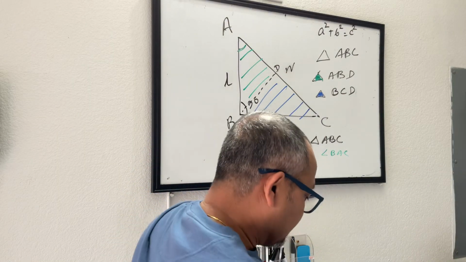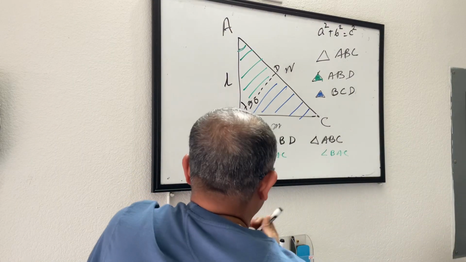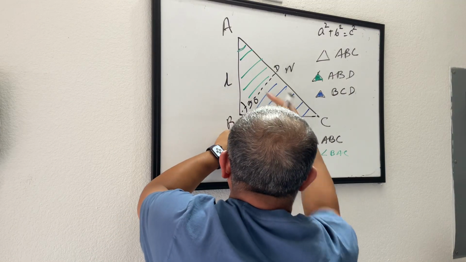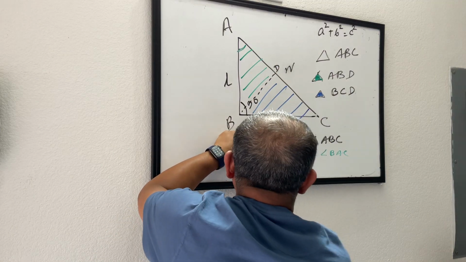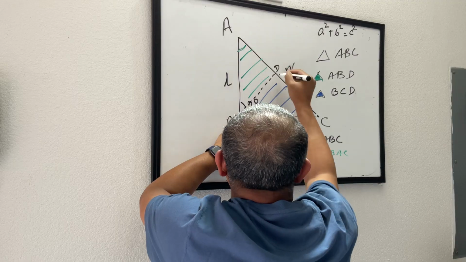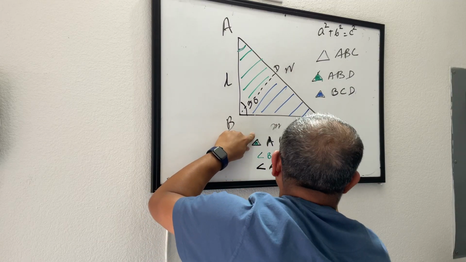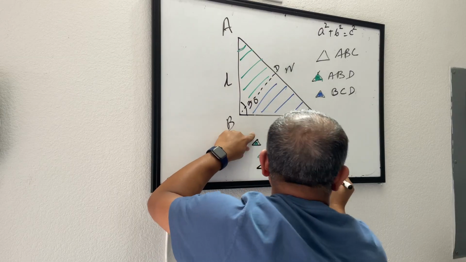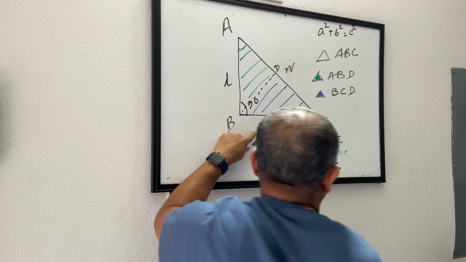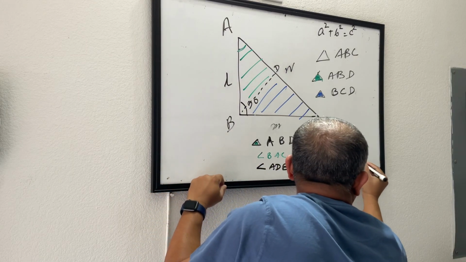And the second one is, if I'm looking at ABD, the green one, angle ADB equal to angle ABC equal to 90 degrees.